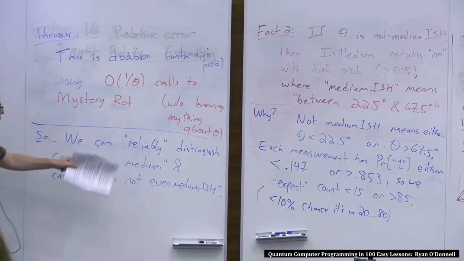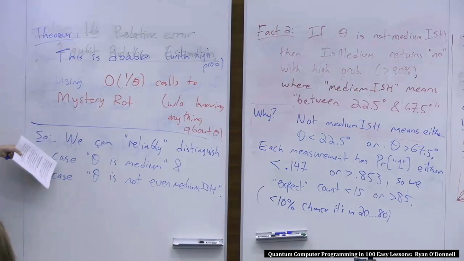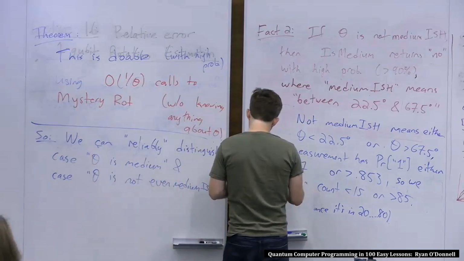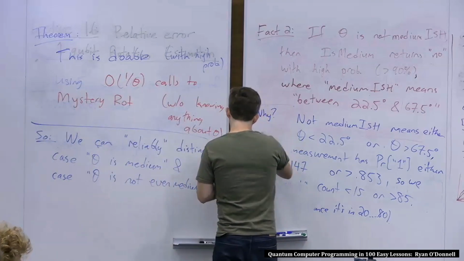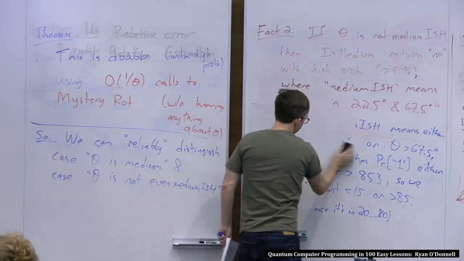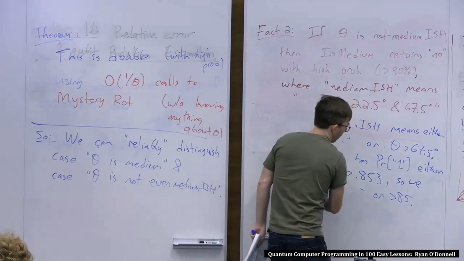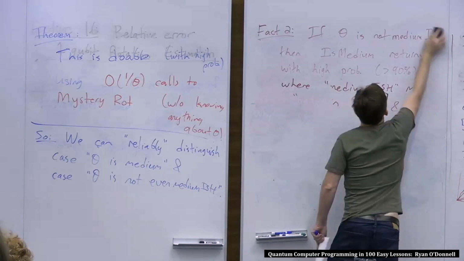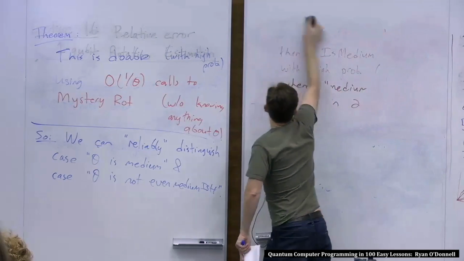This fact that you can distinguish these two cases, this algorithm fails 10% of the time at doing the right thing, but let's temporarily pretend it fails 0% of the time. And I will explain later why this temporary pretend is not really a big deal and we can fix it. But for now, let's just pretend it.